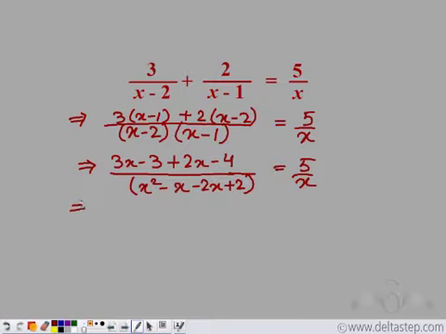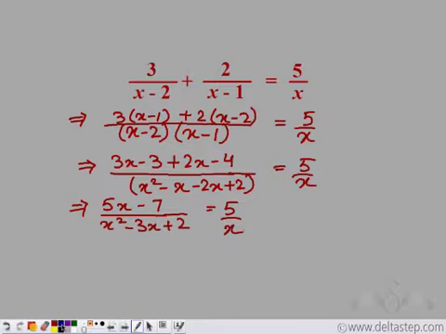Or 3x plus 2x is 5x. Negative 3, negative 4 is negative 7 by x square. Negative x, negative 2x is negative 3x plus 2 is equal to 5 by x.